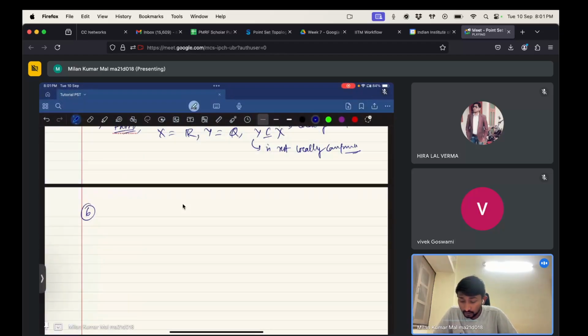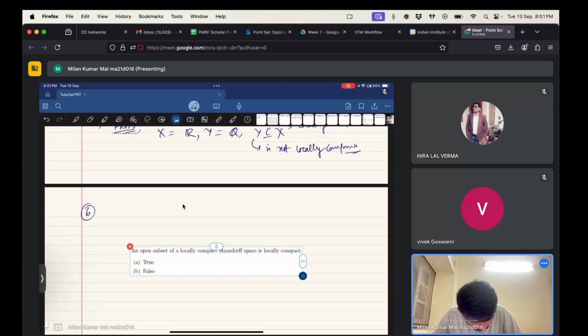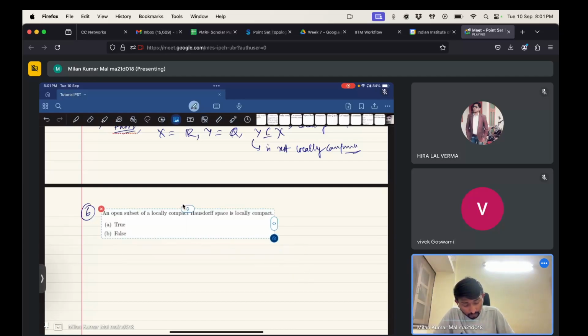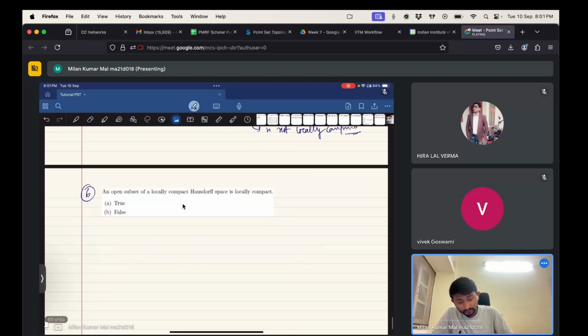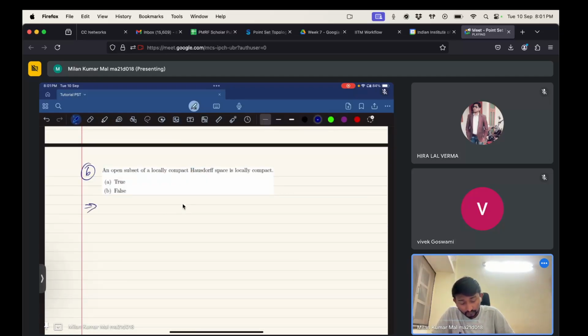Now problem number 6: an open subset of a locally compact topological space is locally compact. This is very interesting. I think this is easier.